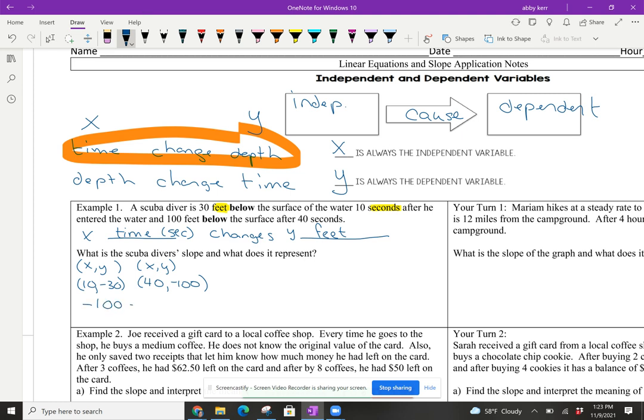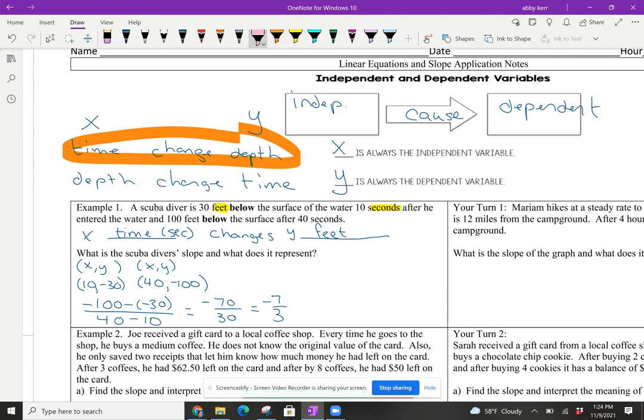So negative 100 minus negative 30 over 40 minus 10. So this is going to get you negative 70 over 30. Now, use a calculator. It doesn't matter if you use Desmos or the calculator in class. Simplify it, you're going to get negative 7 over 3.